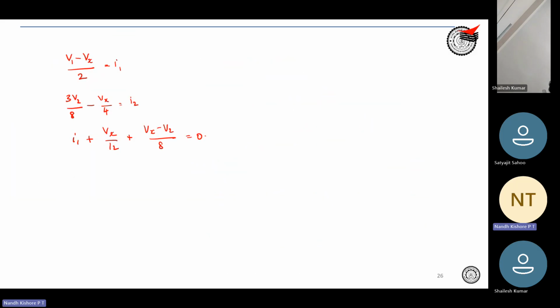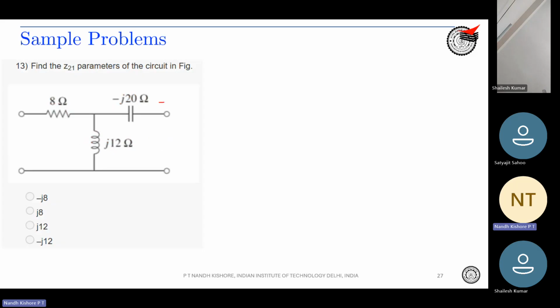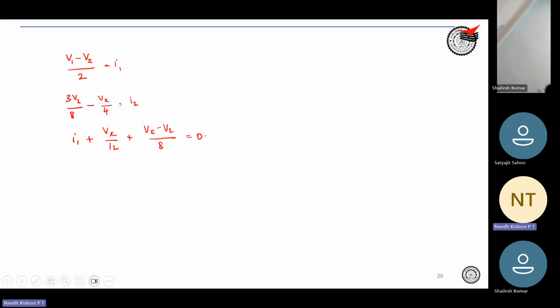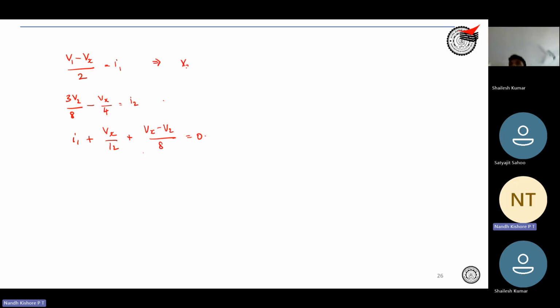Okay. So again, let us eliminate Vx, because we don't want Vx. In this expression, what is Vx? Vx is basically minus 2I1 plus V1.